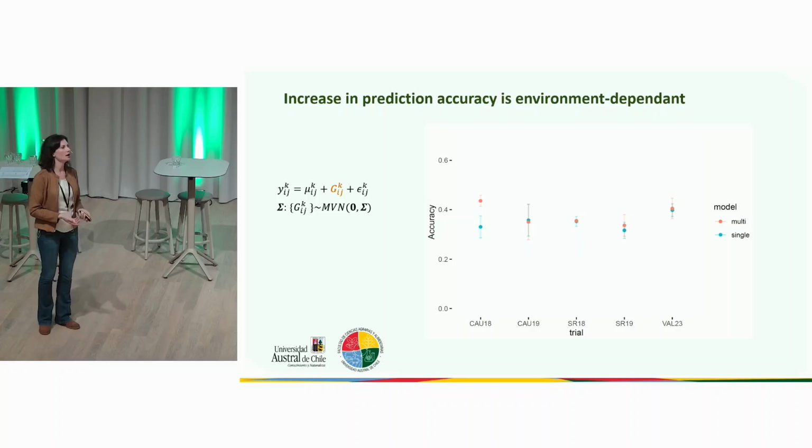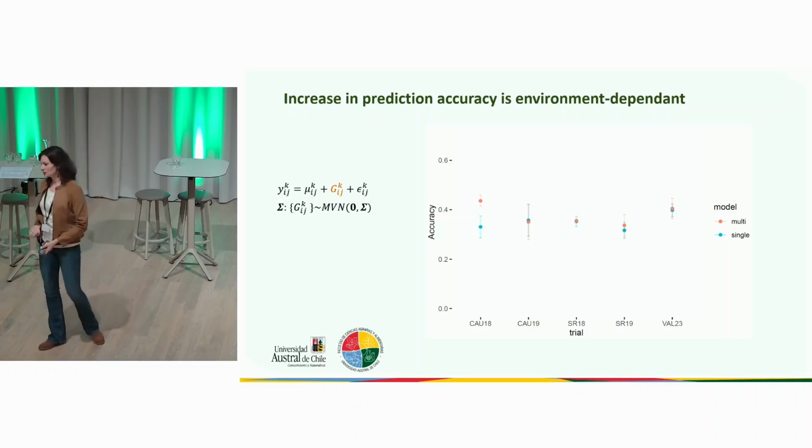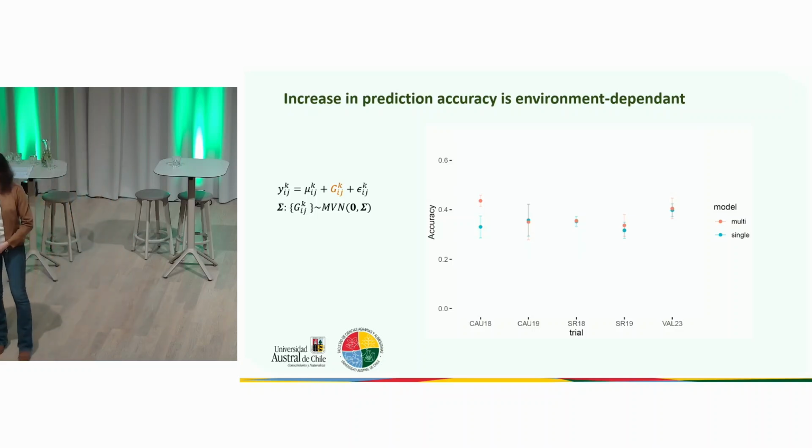We see that when we compare the multi-trait model with the single trait model, for example, in Cauquenes it works, in Santa Rosa it works a little bit, and in the others, very limited. So this is not what we wanted to see, but that's life.